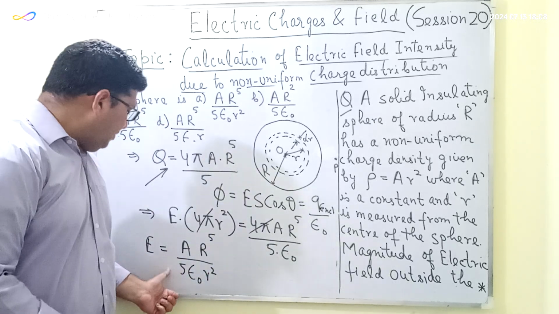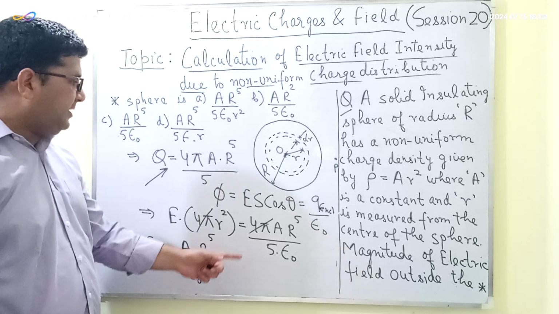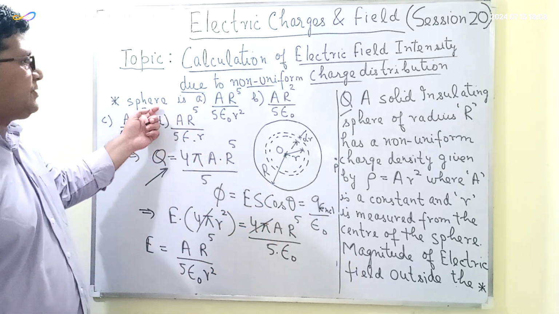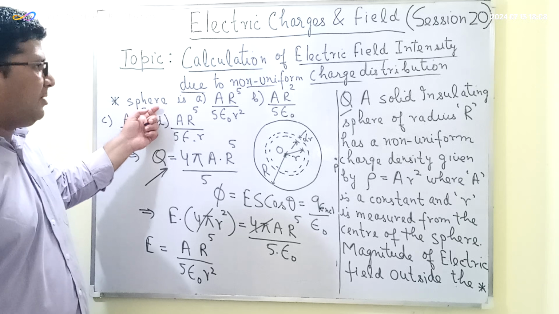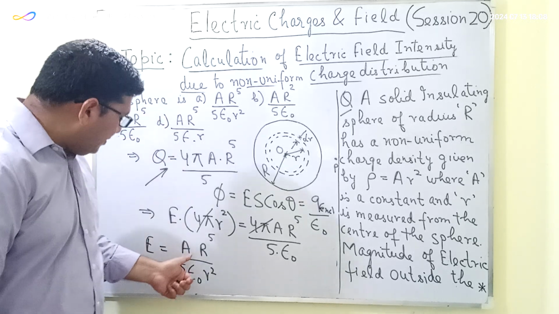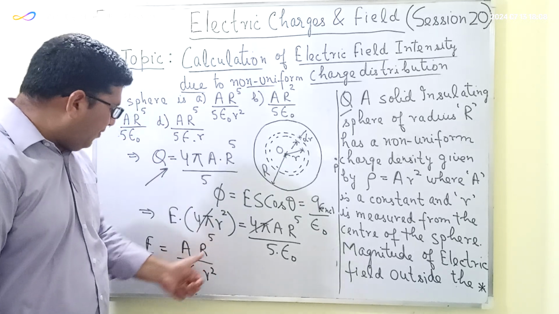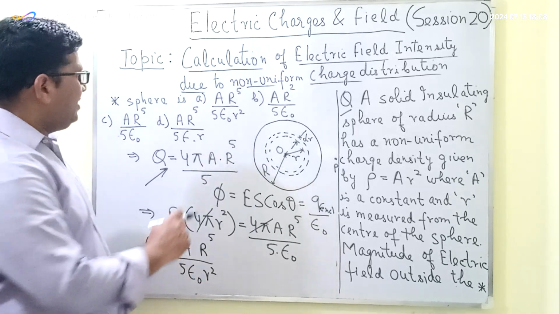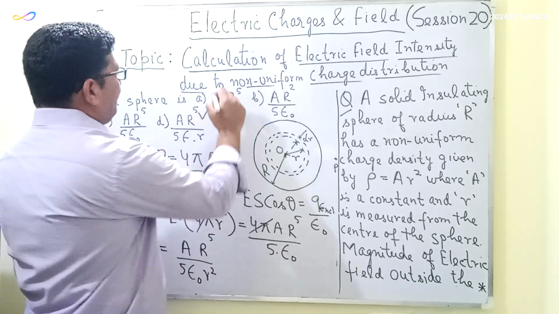So the intensity of the electric field at a point outside this solid insulating sphere will be equal to A R to the power 5 divided by 5 epsilon naught into r square. So here the correct option is A.